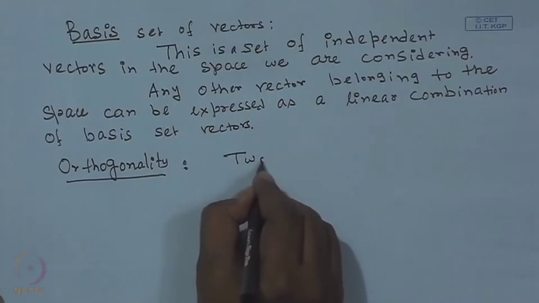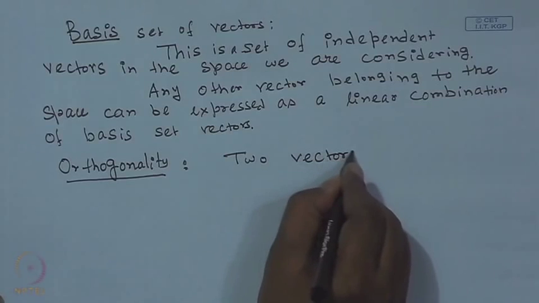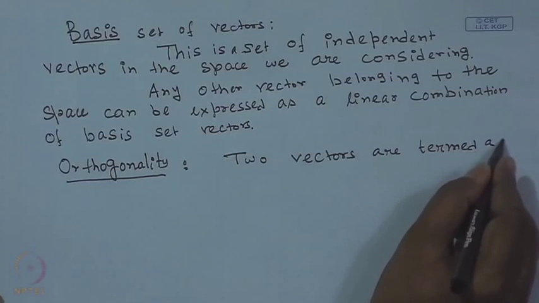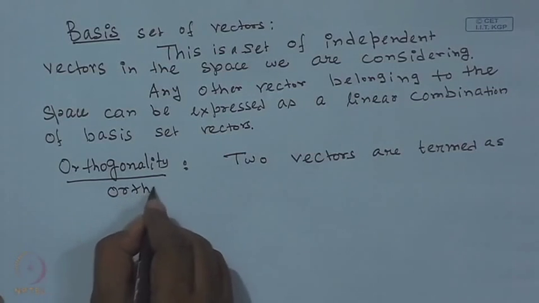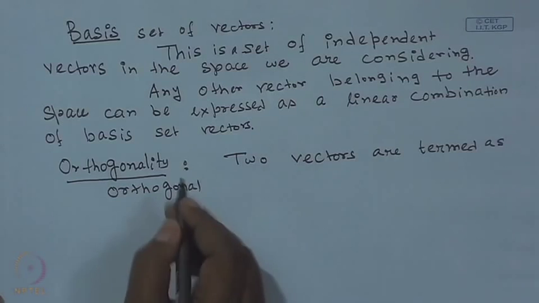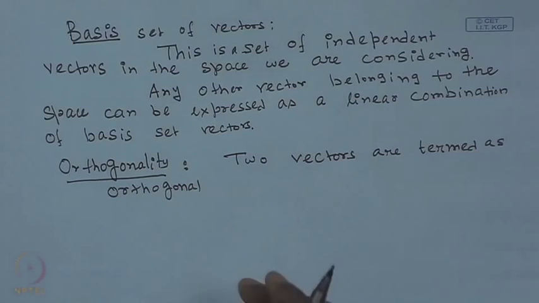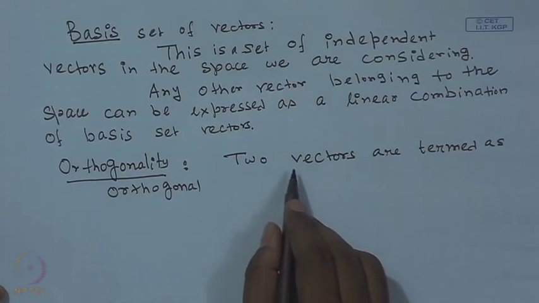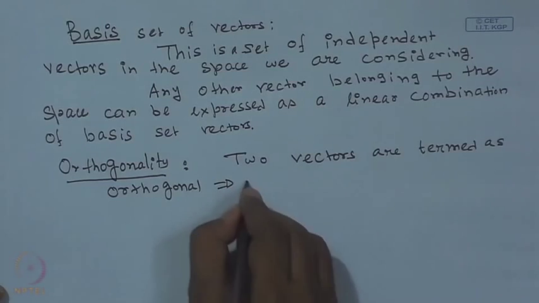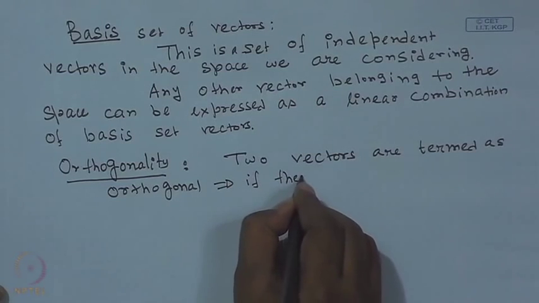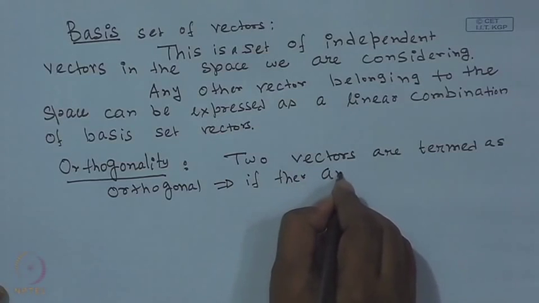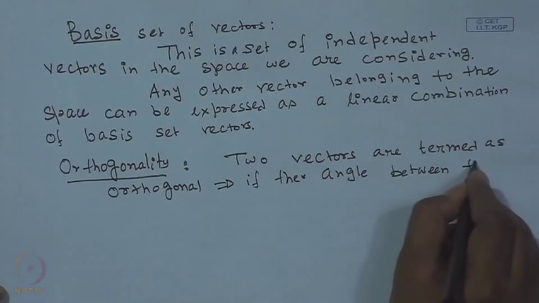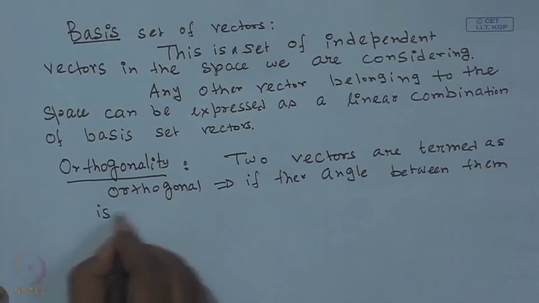Two vectors are termed as orthogonal if they are perpendicular to each other. That means the angle between the two vectors is 90 degrees.